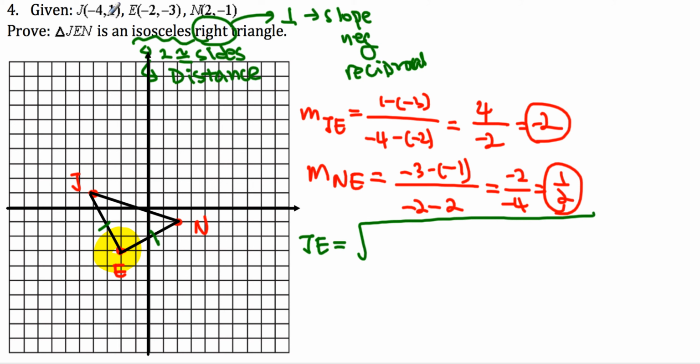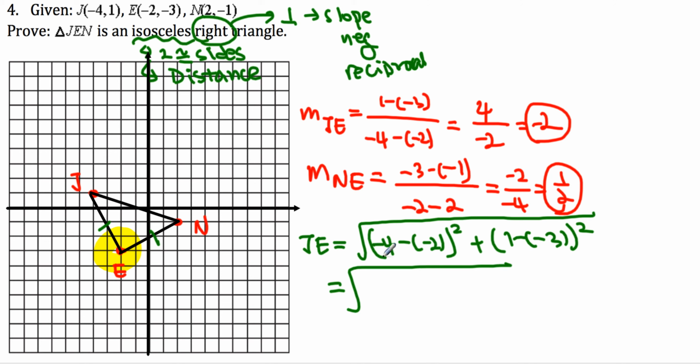So negative 4 minus negative 2, plus y values 1 minus negative 3. So here we get, this one is negative 2, square becomes 4. Here 1 minus negative 3 becomes 4, square becomes 16, which is equal to square root of 20.